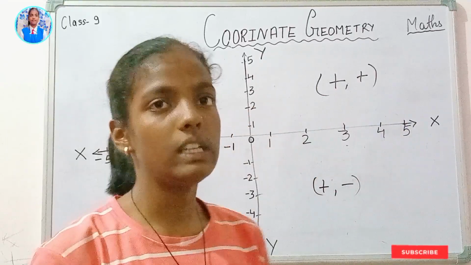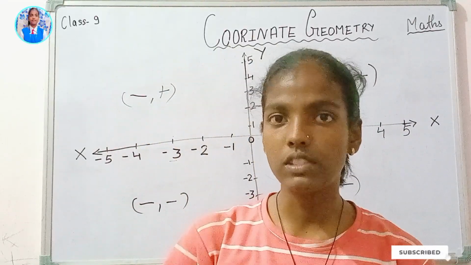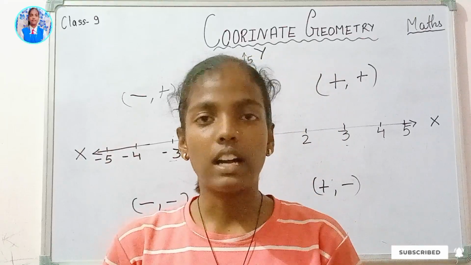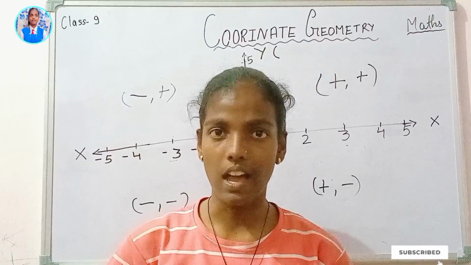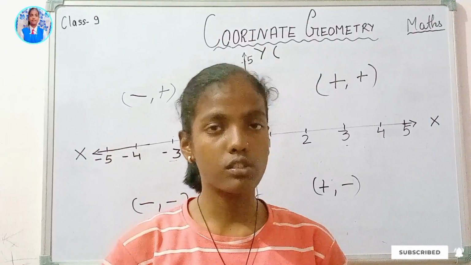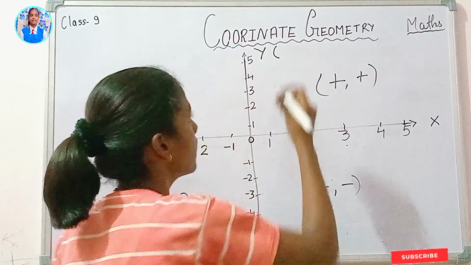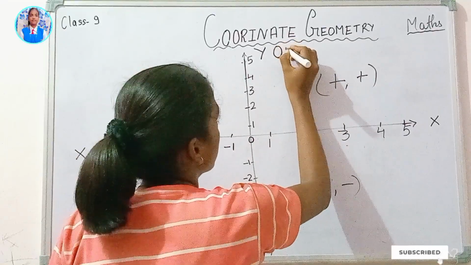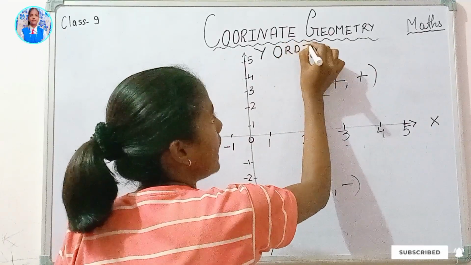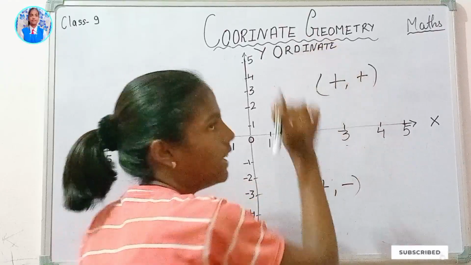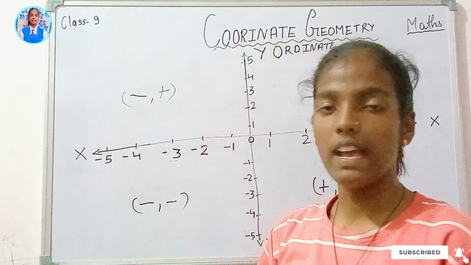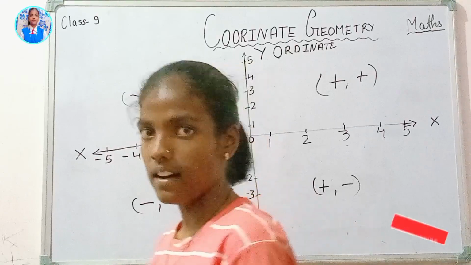So these are the representations of positive and negative signs of the quadrants on the Cartesian plane. One more important point is that the y-axis is also known as ordinate, and the x-axis is known as abscissa.